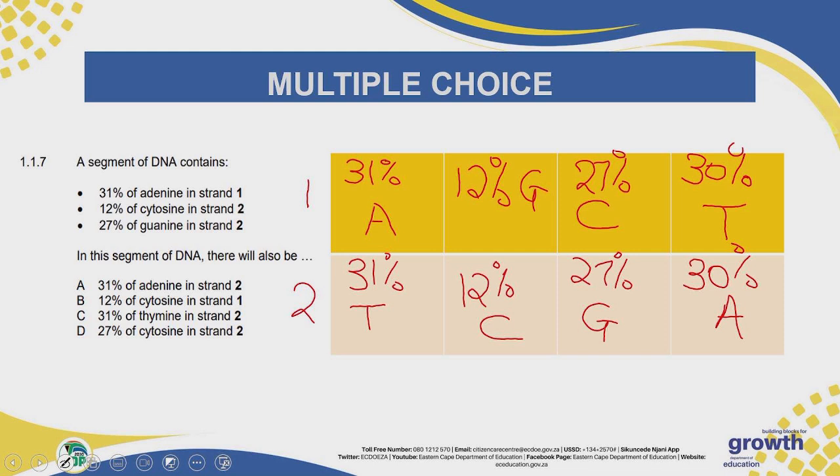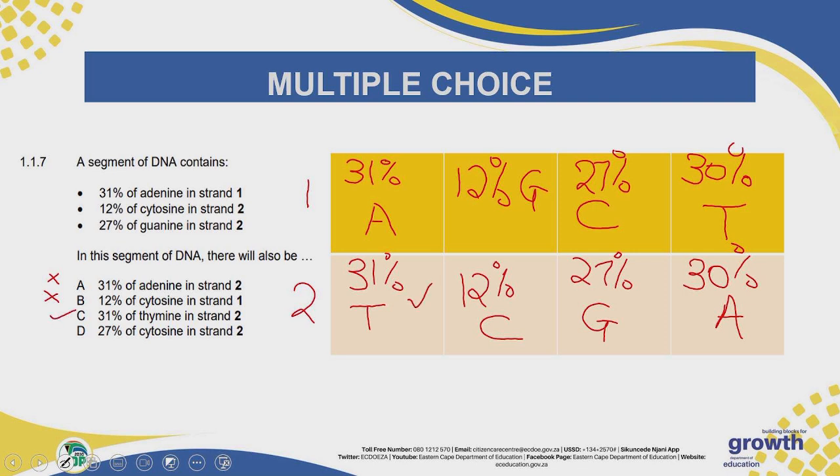So let's look at the first statement. 31% of adenine in strand 2, is it correct? No, it's wrong. 12% of cytosine in strand 1, it is not right because we only have 27%. 31% of thymine in strand 2, we can see that that one is correct because we've got it there.